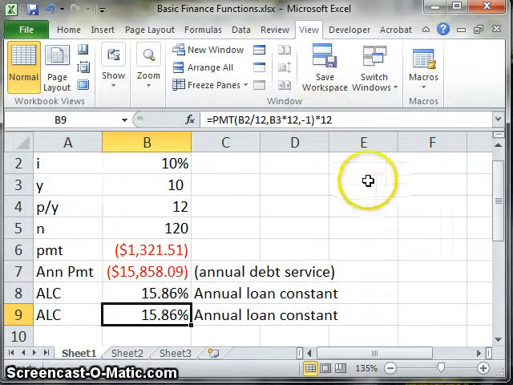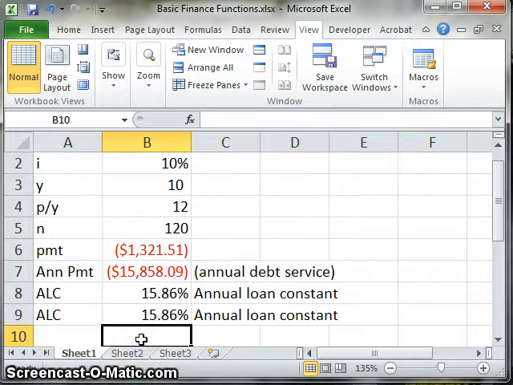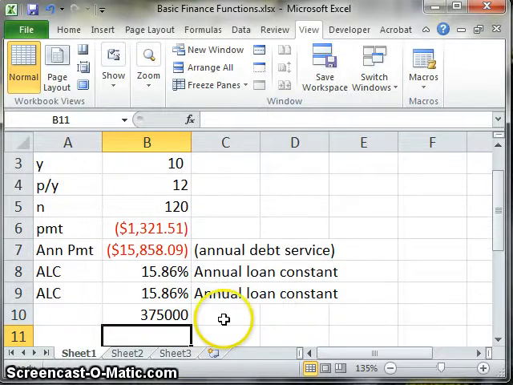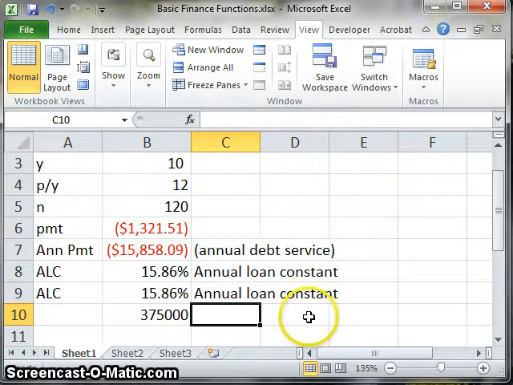Let's suppose I had a loan for $375,000, and I wanted to calculate my annual debt service for that particular $375,000 loan, with a 10-year term and 10% interest.